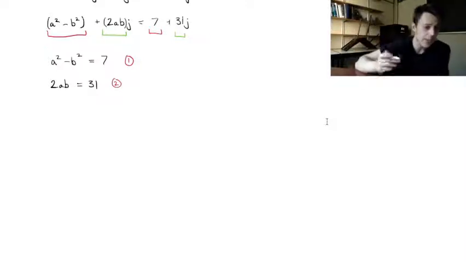Versus if we were to isolate a variable in equation 2, it should be a little bit easier. So let's isolate for a in this case.